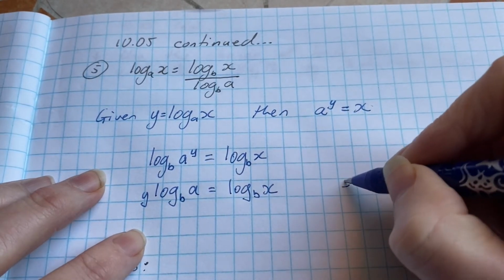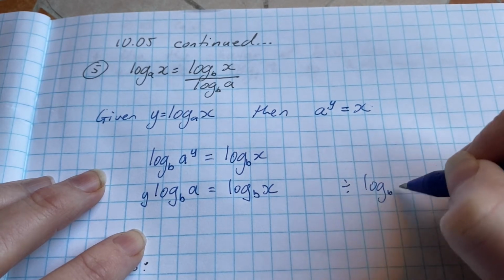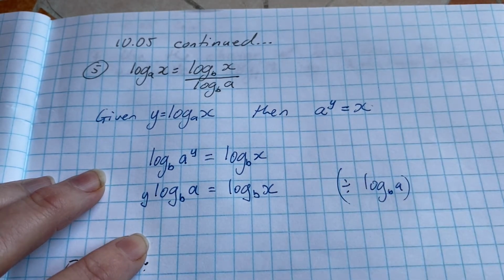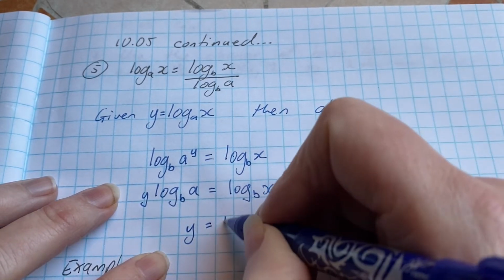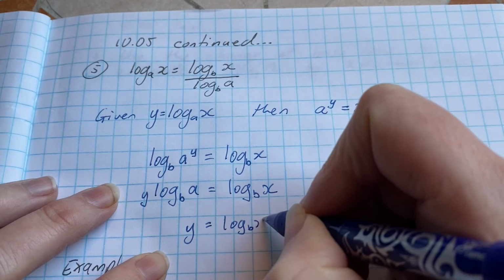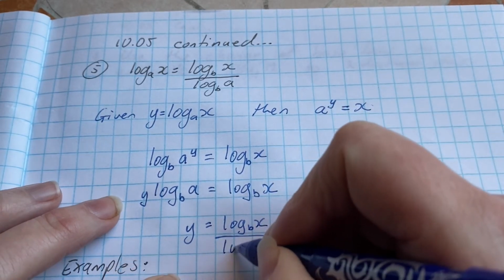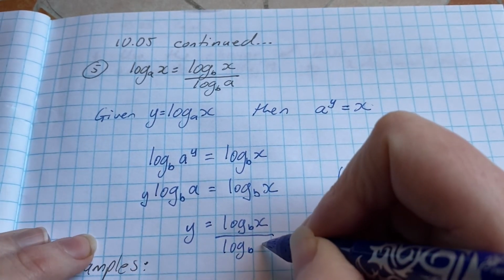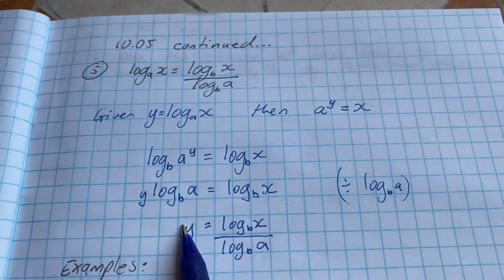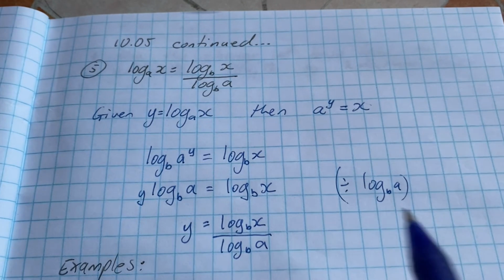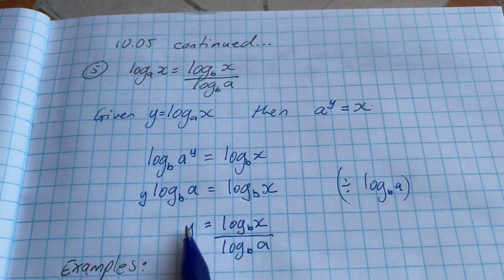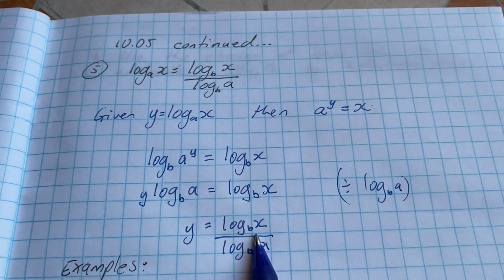And now I'm just going to divide each side by log base b of a. So this side will just be y, and this side is log base b of x over log base b of a. Now remember, our y is log base a of x. So log base a of x equals log base b of x over log base b of a.